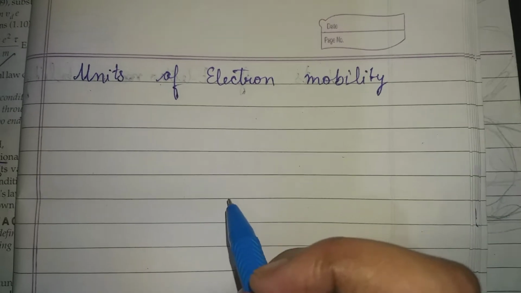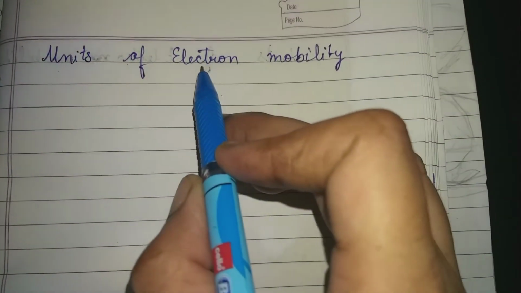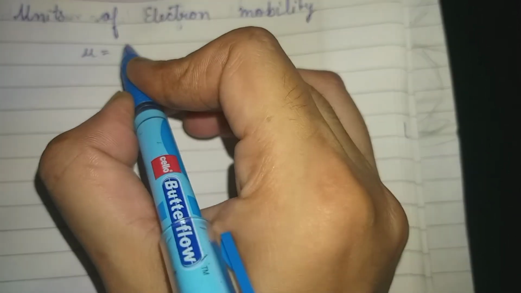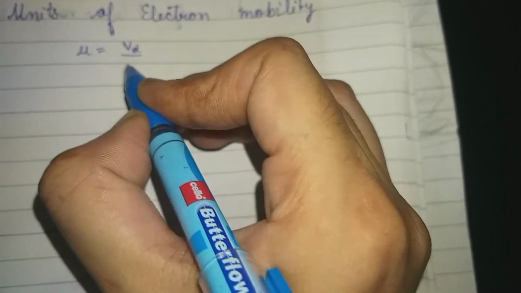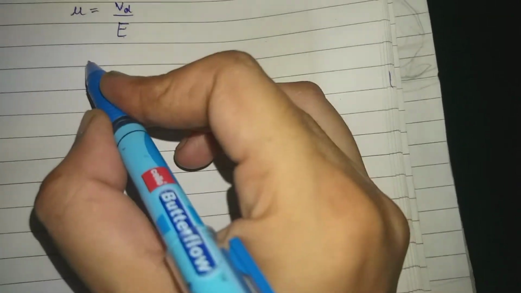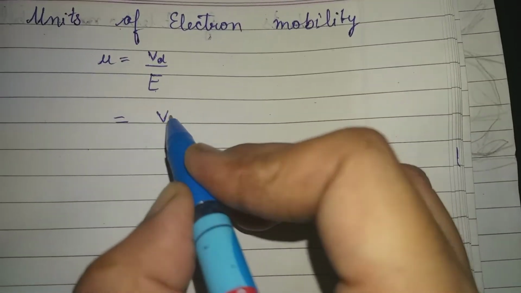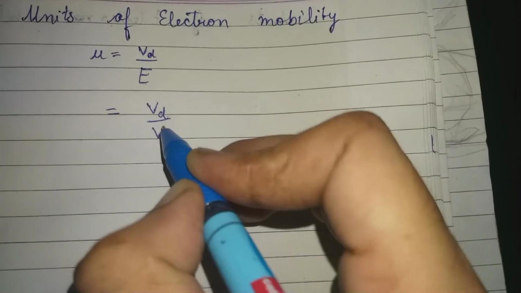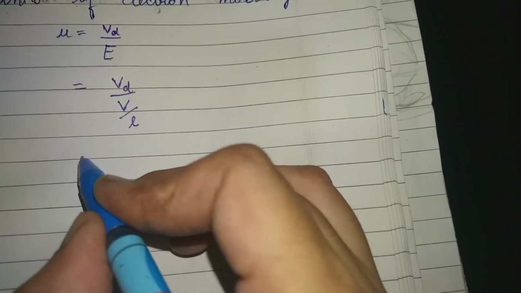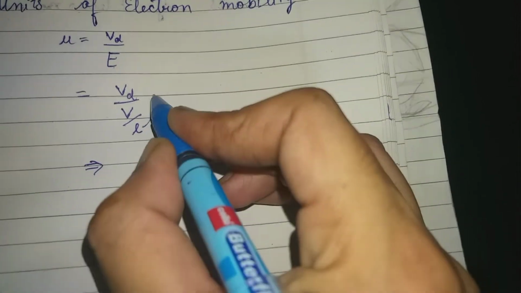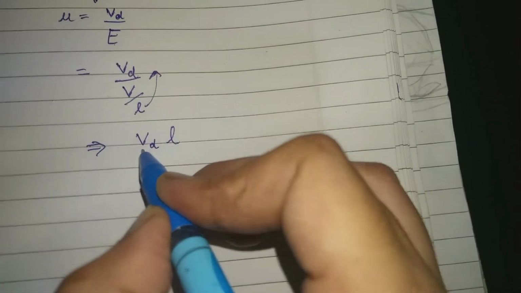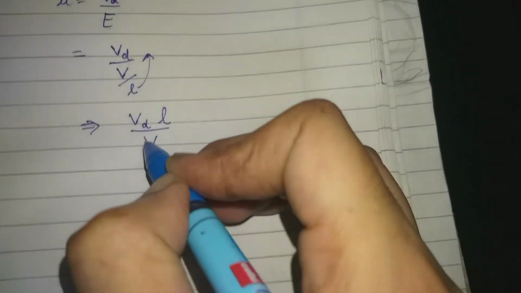Now let's discuss the units of electron mobility. The basic formula of electron mobility is drift velocity upon electric field. Here I put the value of electric field as potential difference upon length. If I take the length to the upside, it becomes drift velocity into length upon potential difference.